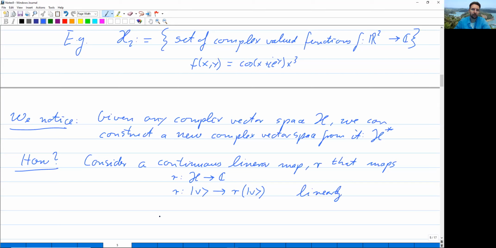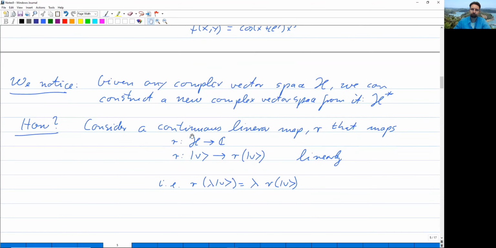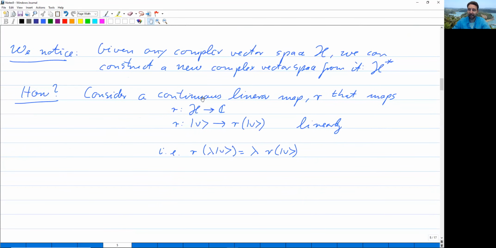Right? So, i.e., we require that R of lambda V is lambda R of V. So let's assume we have such a linear map.